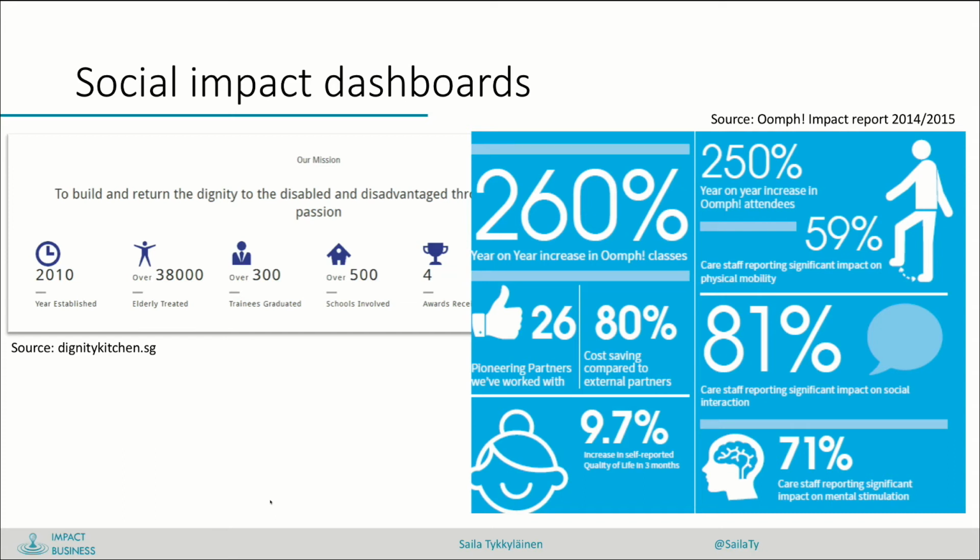There is this self-reported quality of life. This information is from the beneficiaries themselves, but then some figures are from measurements, or let's say information given by employees, by the workers who are working with elderly people. It's a good report.